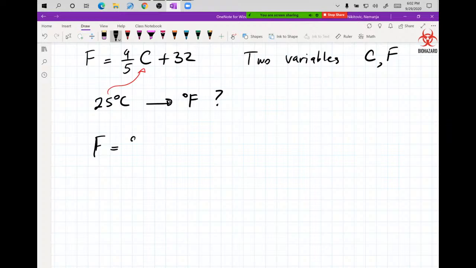So that would be 9/5 times 25 plus 32. Now I'm going to ask you to do this calculation, and then I will do the problem once you guys are done. So try this calculation, which is more on the order of operations.